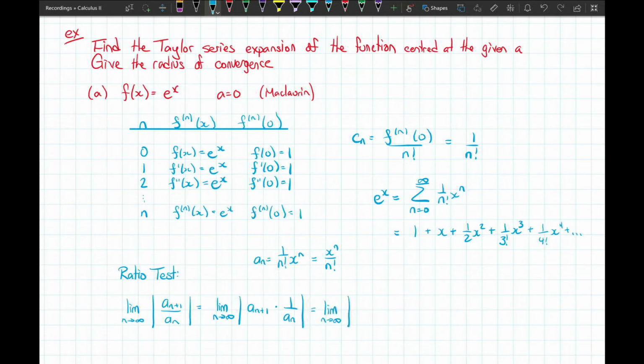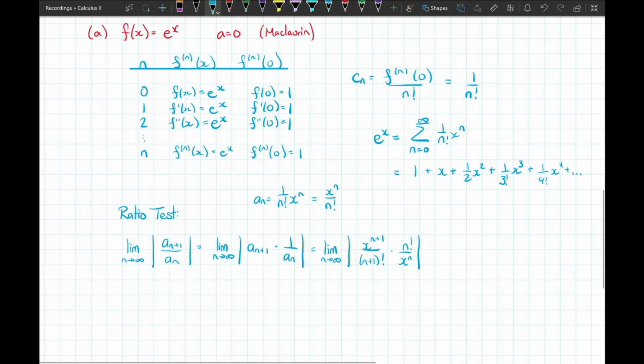Replacing the n's with n plus 1, that gives x to the n plus 1 over n plus 1 factorial, and we'll multiply by the reciprocal, n factorial over x to the n. Let's see if we can simplify that, maybe get rid of that absolute value if possible, and find out whether this ratio is less than 1, greater than 1, or equal to 1.